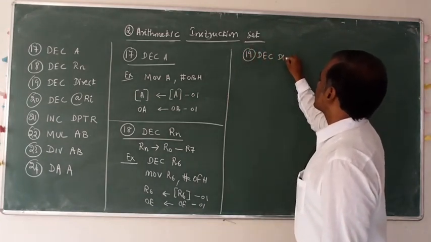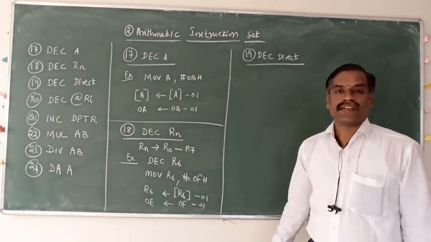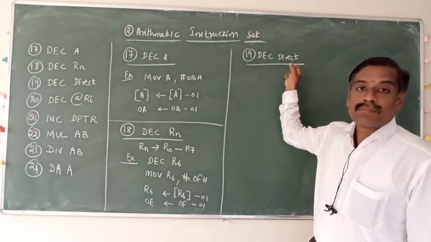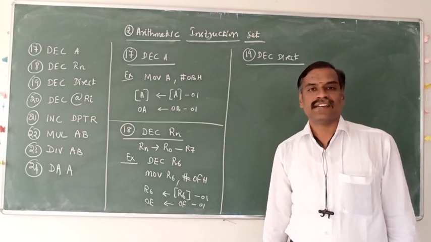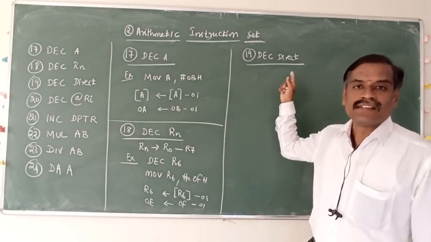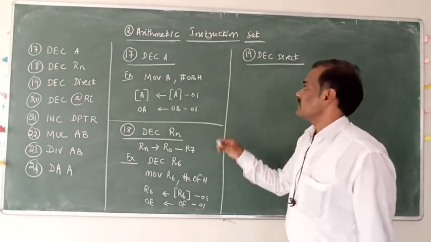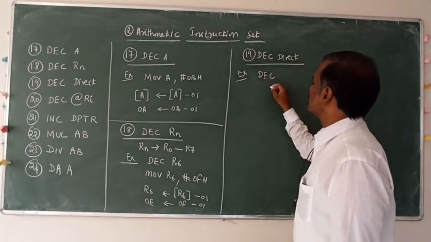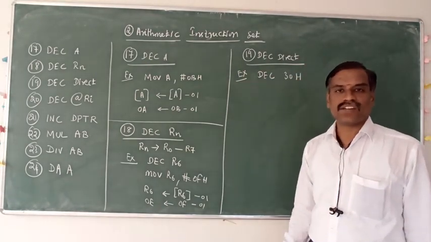DEC direct. DEC direct, decrement the given 8-bit memory address location data. Okay, example, DEC 30H.